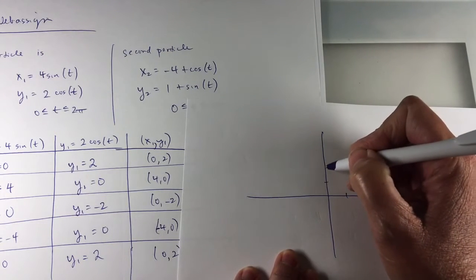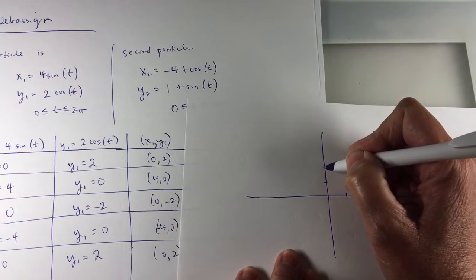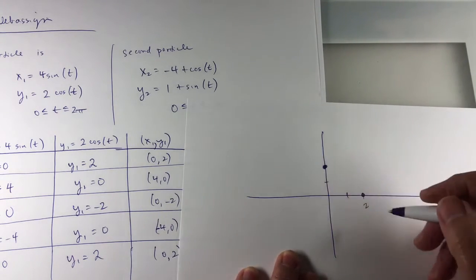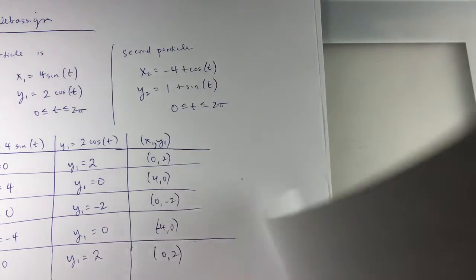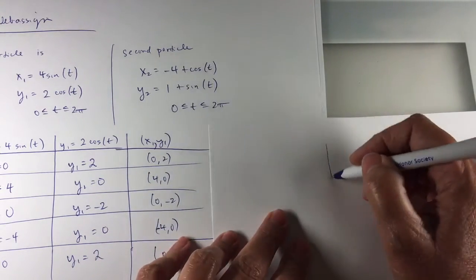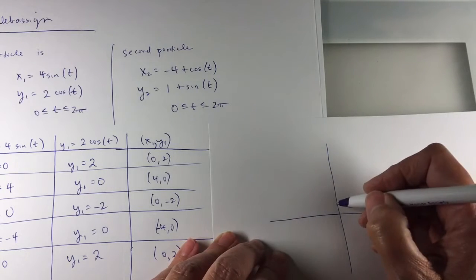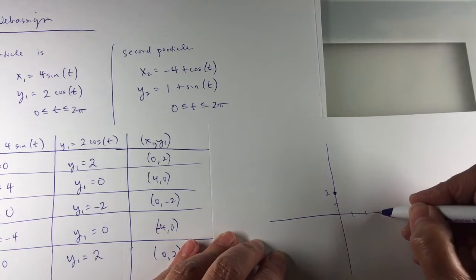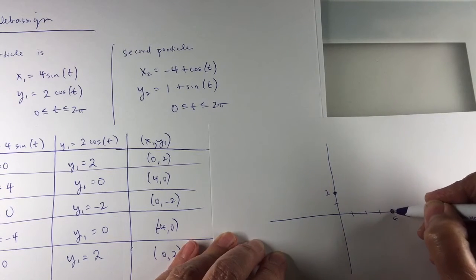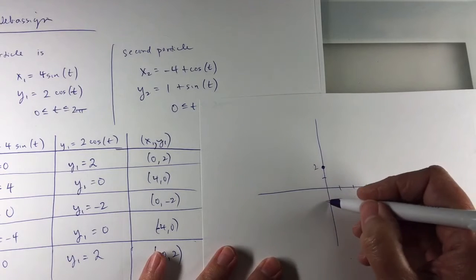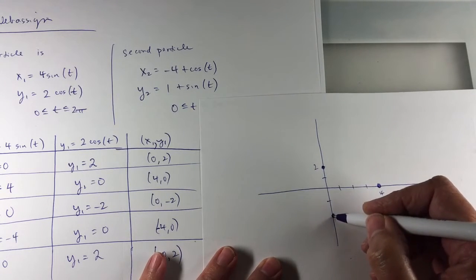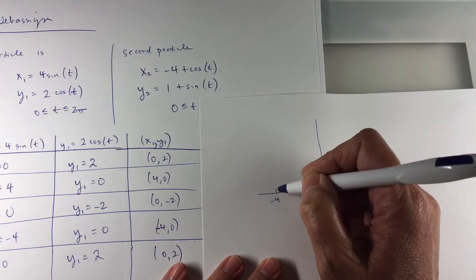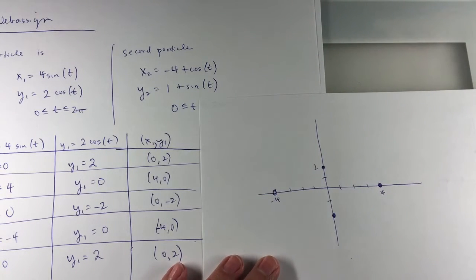Not by any means. 0, 2, right here. 4, 0. I'm going to start on a new graph. 0, 2, 4, 0, 0, negative 2, negative 4, 0, and then we're back to 0, 2.